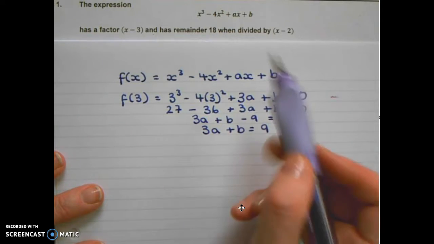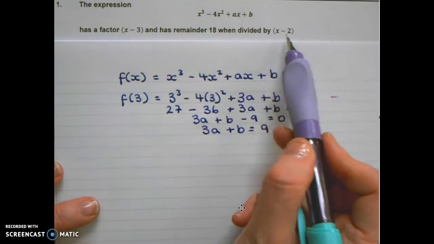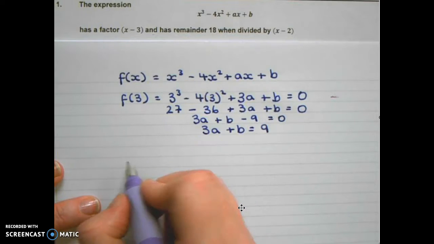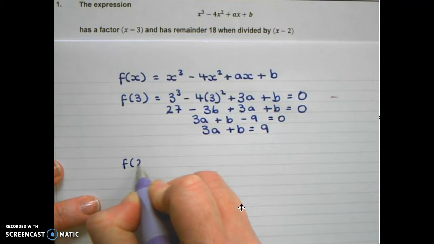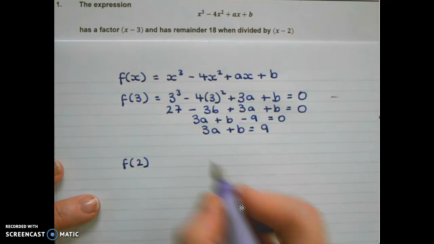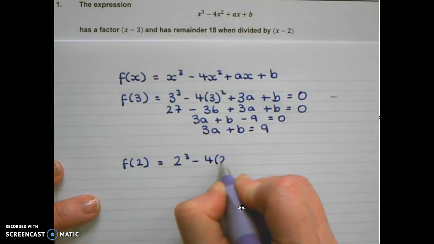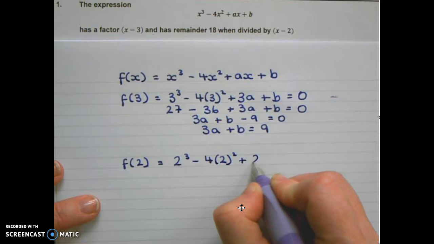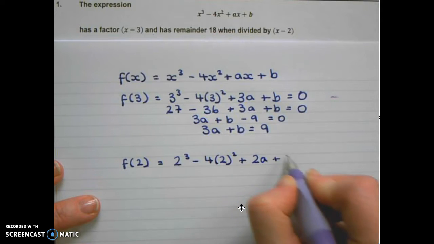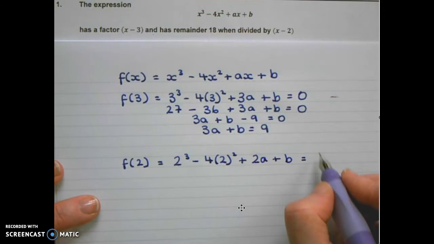It also tells us that the remainder is 18 when it's divided by x minus 2. So that's telling us that if I put 2 into this expression, 2 cubed minus 4 times 2 squared plus 2a plus b, the remainder is 18, so that's equal to 18.